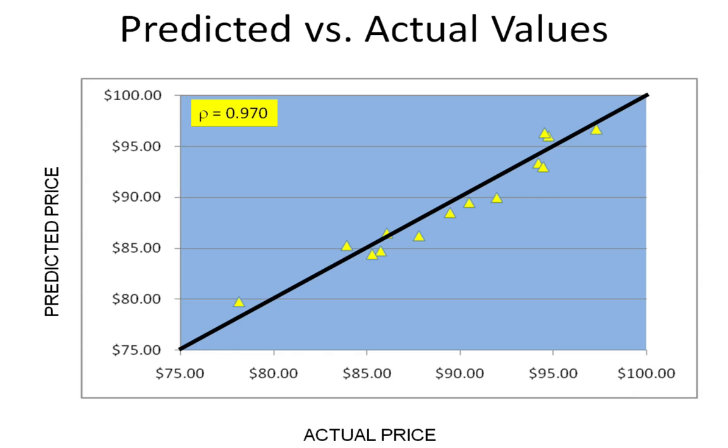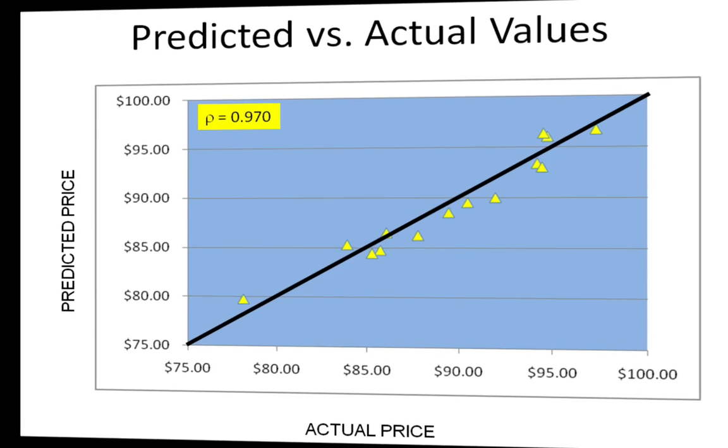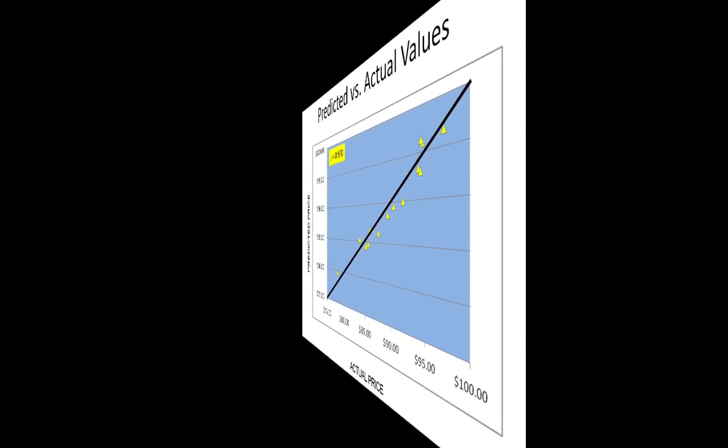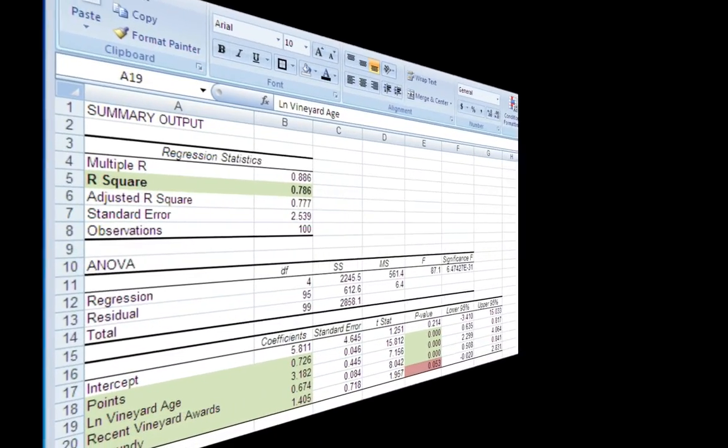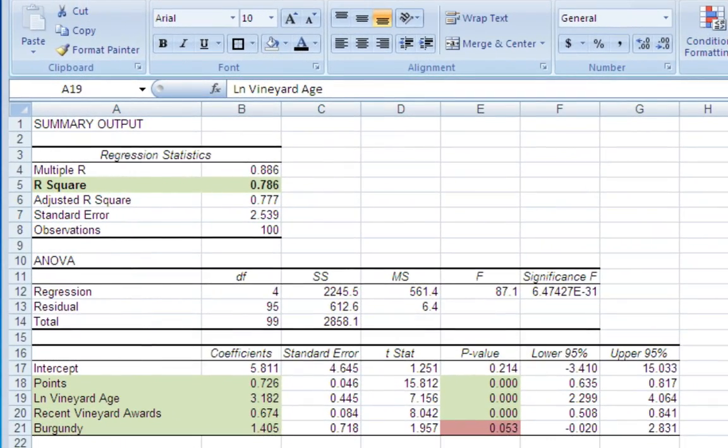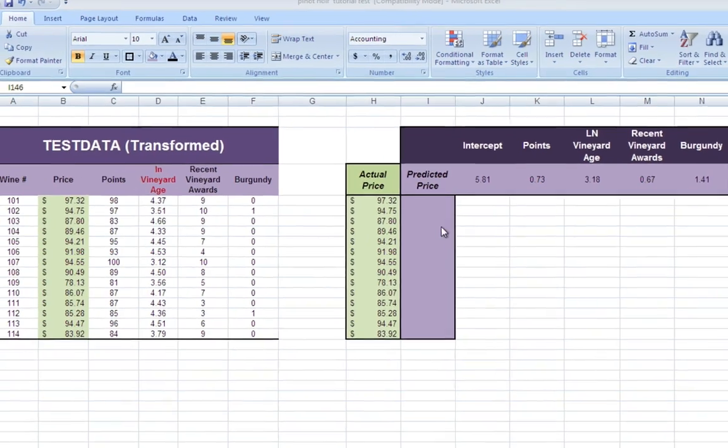Next, I would do the same thing for the second regression model, the one where we used, instead of the age of the vineyard, the logarithm of the age of the vineyard. For the regression with the logarithm of the vineyard age, we had this summary output, and transferring our values for the coefficients to our test data yields these data.